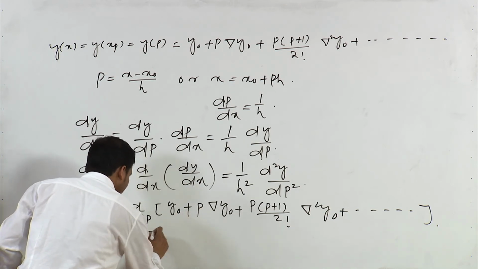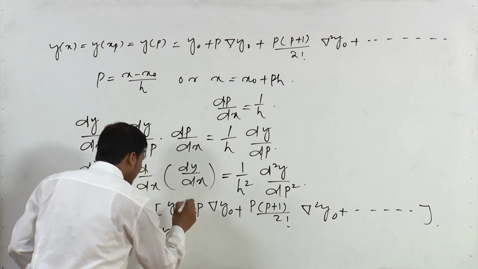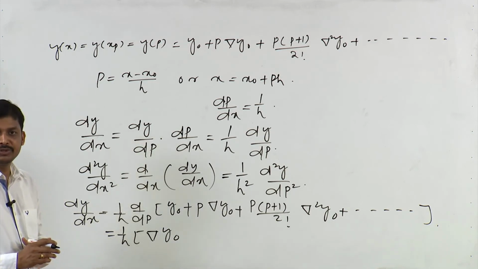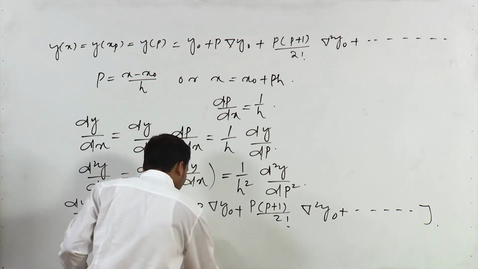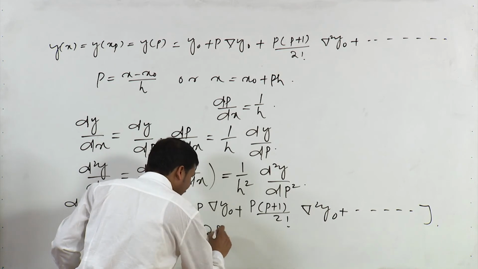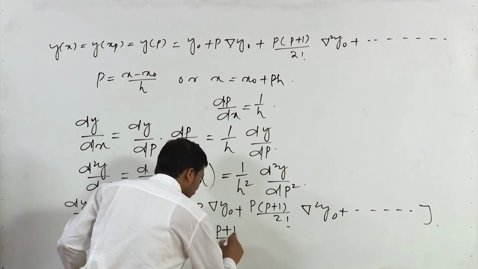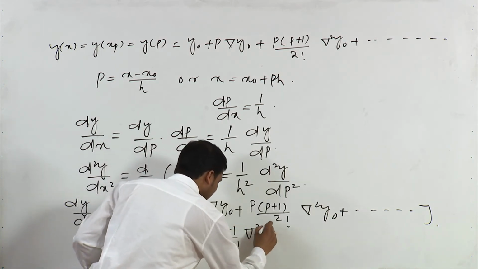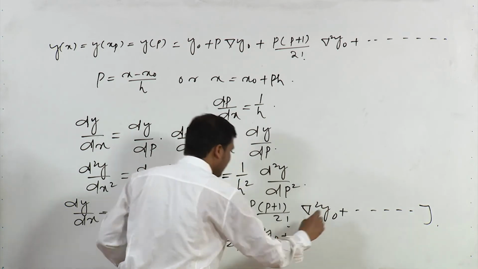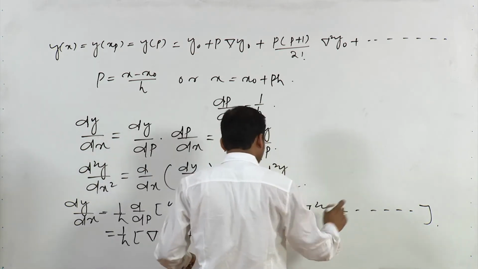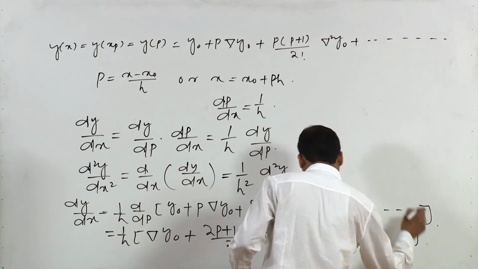So the first differentiation will give you nabla y0, since y0 is a constant, that gives 0 value here. Then next we can write 2p plus 1 by 2 factorial nabla square of y0 plus the third order term we can differentiate and write there.